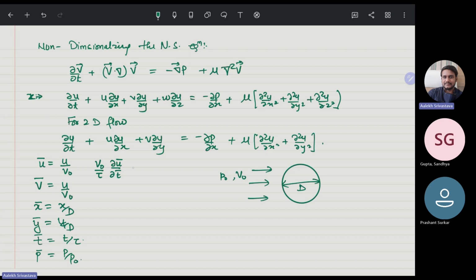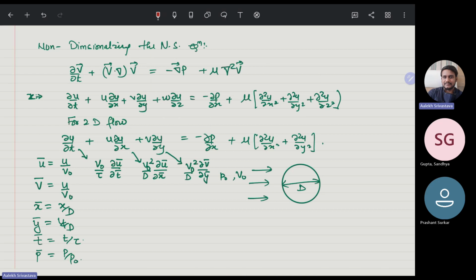The second term: it is v0 square del u bar by del x bar, and x is coming with d, so this is coming with d. Similarly, with this term also the same thing will appear: v0 square del v bar by del y bar by d.